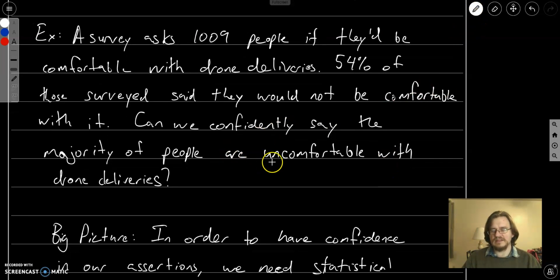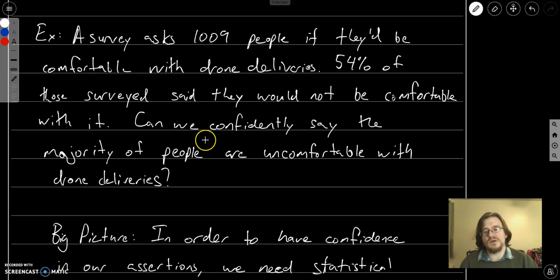So this will be the running example throughout this section. We'll use this example to describe the process. A survey asks 1,009 people if they'd be comfortable with drone deliveries, having, say, Amazon deliver packages to your house using drones. The survey found that 54% of those people asked would not be comfortable with it.